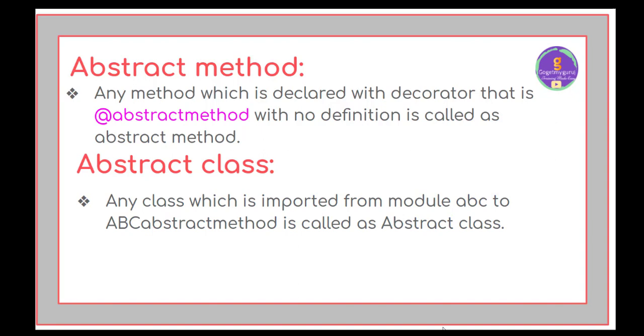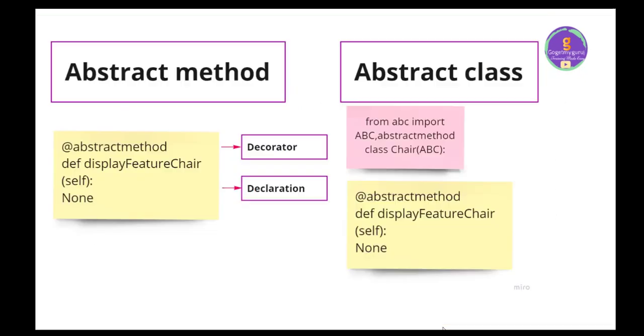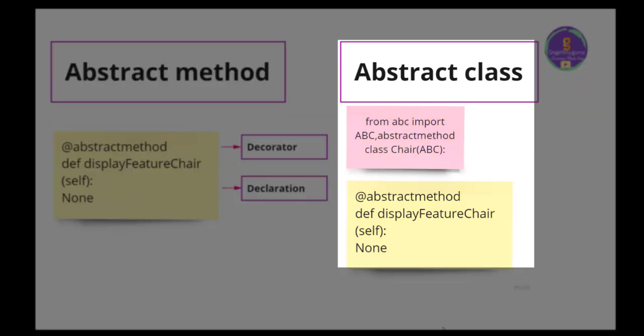Then we'll see the diagram for this abstract method and abstract class. To form an abstract method, there should be one decorator, that is @abstractmethod, and one declaration, that is def display feature chair with no definition. Here chair is the class which is inherited from the abstract base class and it is having an abstract method. Then it forms an abstract class.